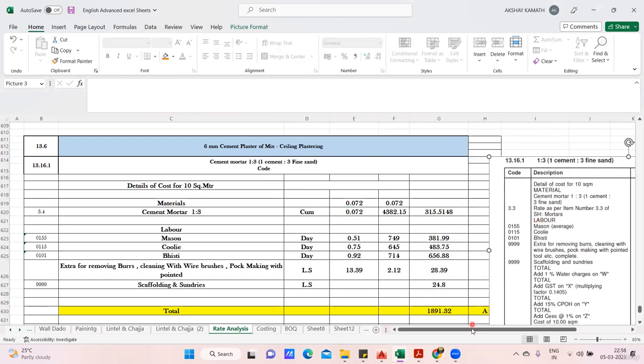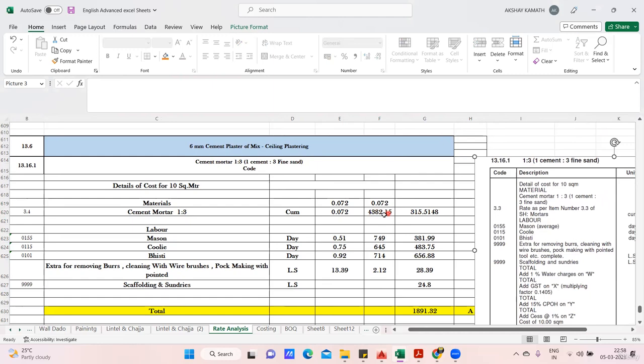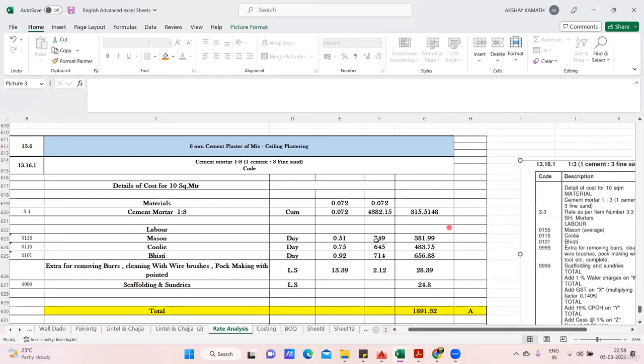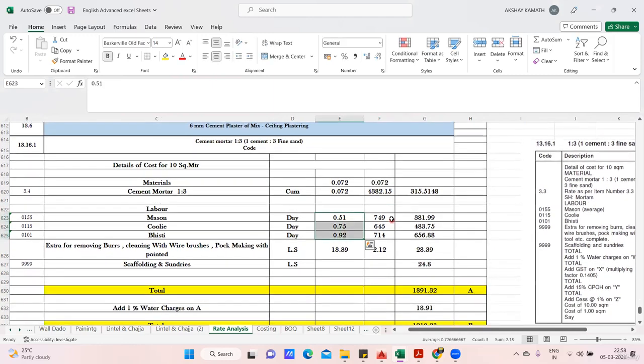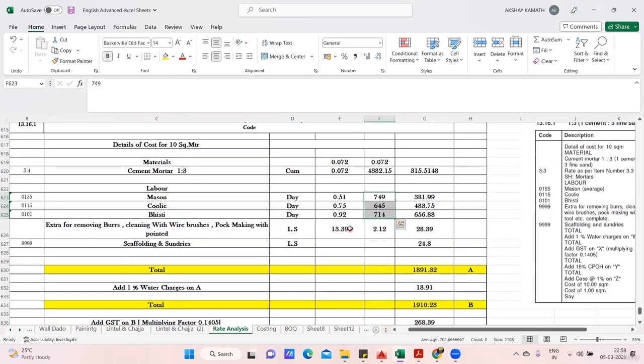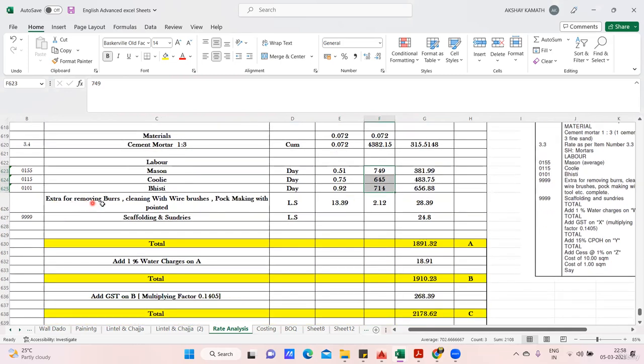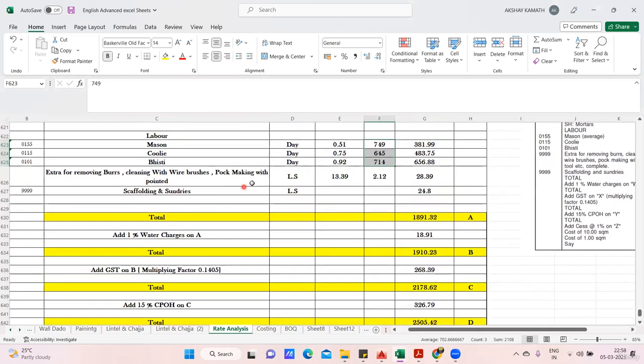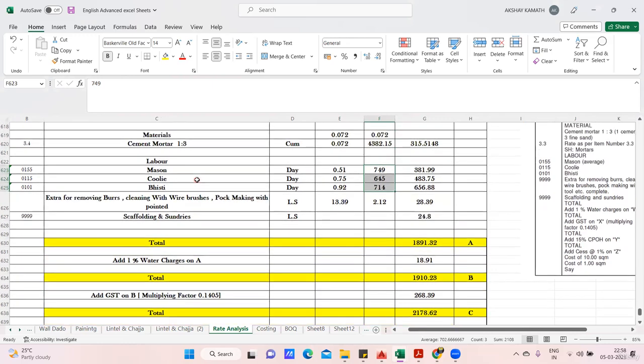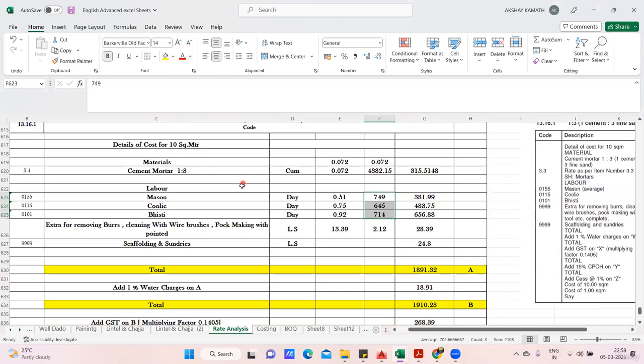Okay, that's it. After that, this rate you can put on your own for 1:3, and then labor and all, everything remains the same. You know the charges, you know the constants, and then here extra for removing the burrs, cleaning with wire brushes, and pock marking with pointed tools and all. That means, see, since it's a ceiling plastering, your slab surface should be uniform.